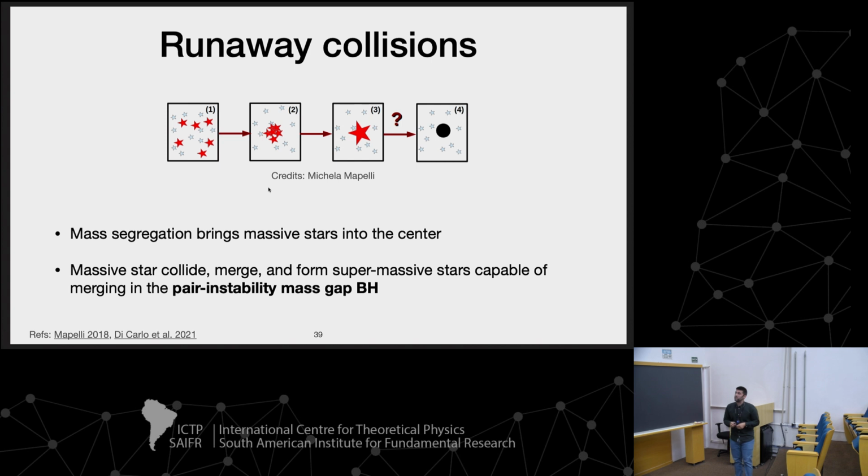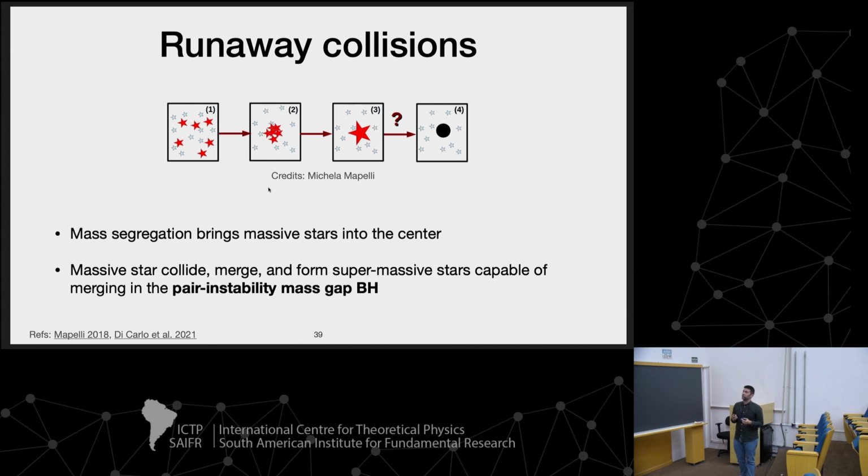Runaway collisions, instead, is a process that is important because it can explain a black hole in the pair-instability mass gap. So what happens in a cluster is this phenomenon called mass segregation, where the massive stars tend to accumulate in the core of the cluster.